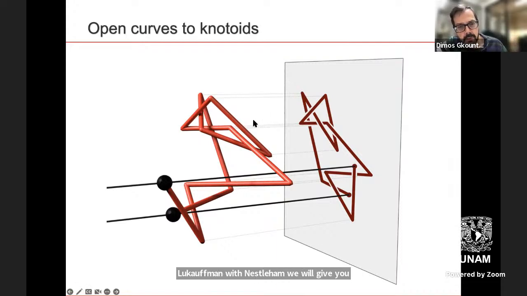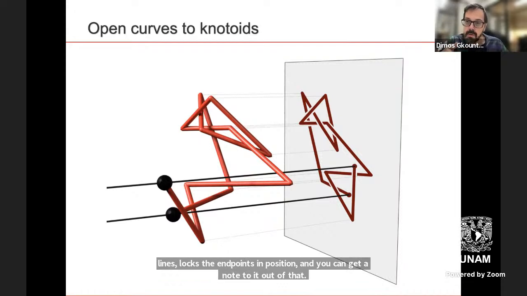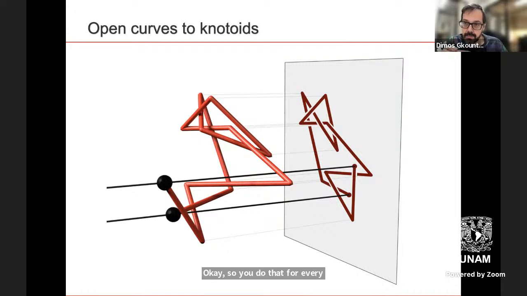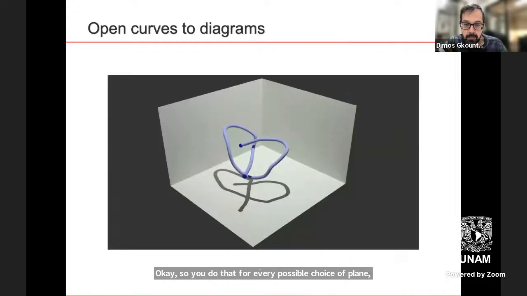And I think Sofia Lambropoulou had a paper that introduced the notion of rail knotoids, which is based on the line isotopy of knotoids. In any case, introducing these two infinite lines locks the endpoints in position, and you can get a knotoid out of that, okay? So you do that for every possible choice of plane of projection.